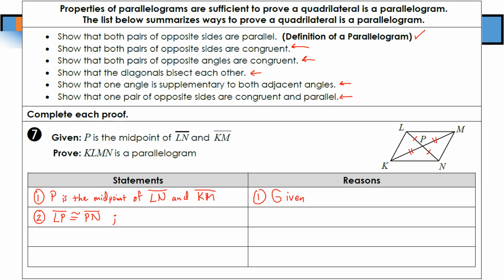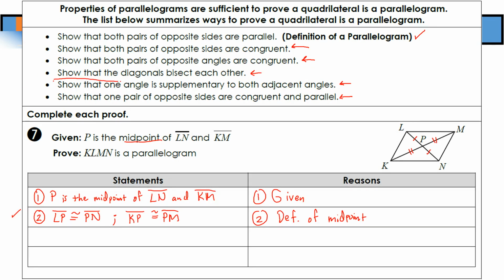Then I'll put a little colon here, and we can say that KP is congruent to PM. Right? The reason for that is the meaning of the word midpoint. So we can say definition of midpoint.